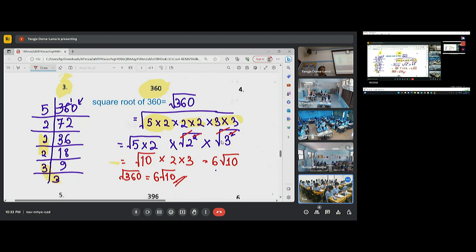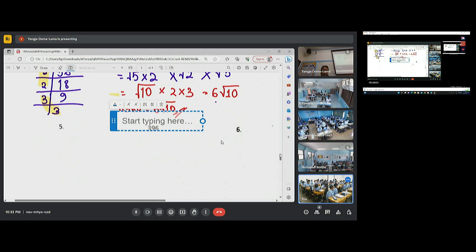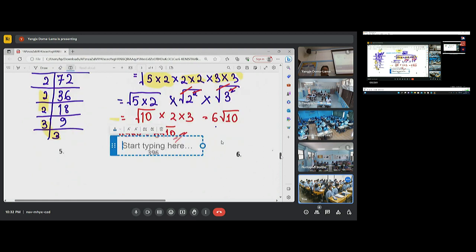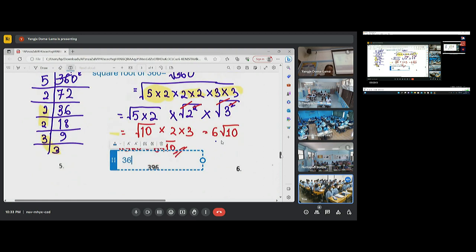Okay? So 6 root 10, is it a perfect square number? No. So what you found? 360. We found that 360 is not a perfect square. So what you found?